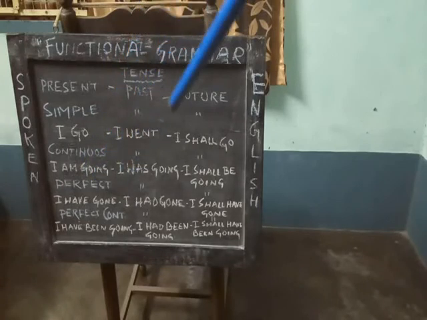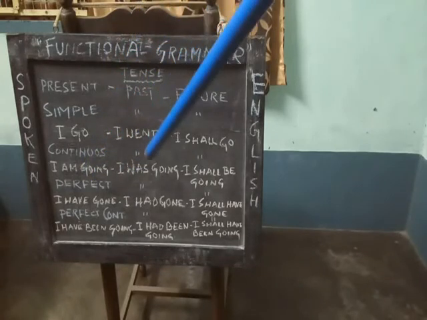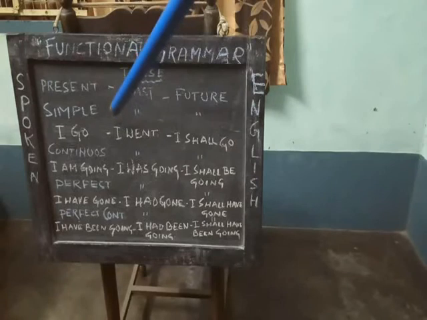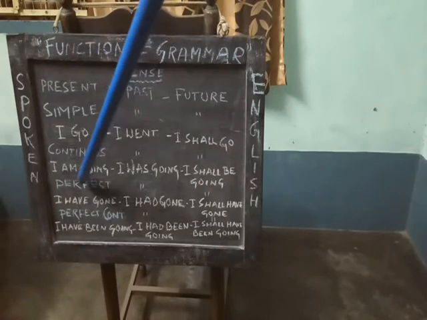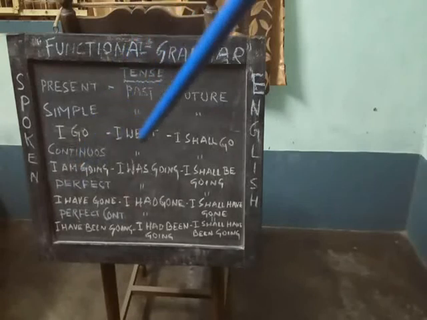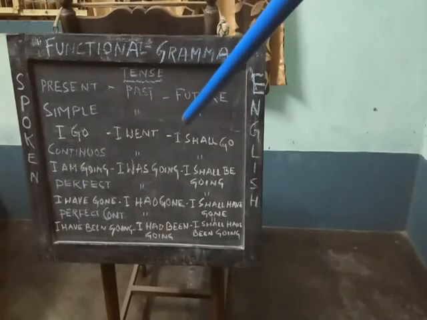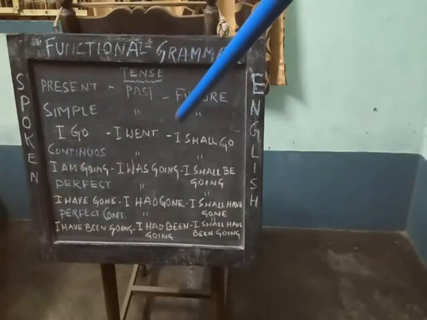Whenever there is continuous tense, we need to add ing with the verb. That only indicates that it is still going on. It is still moving. Okay? Keep on moving. So, I am going. This is the example of present continuous tense.